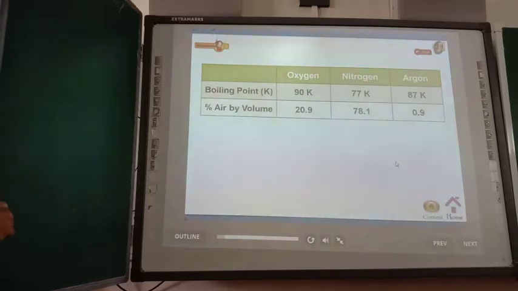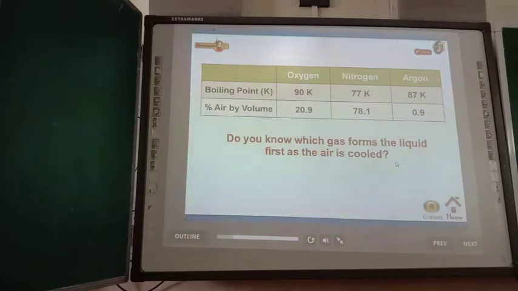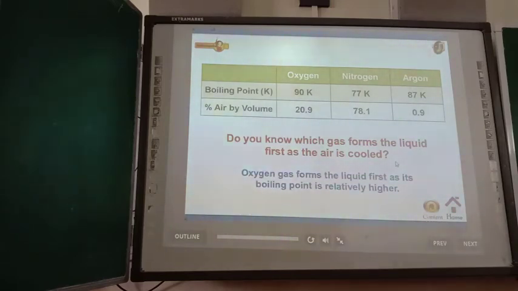The given table gives the values of boiling points and percentage of air by volume of various gases. Do you know which gas forms the liquid first as the air is cooled? Oxygen gas forms the liquid first as its boiling point is relatively higher.